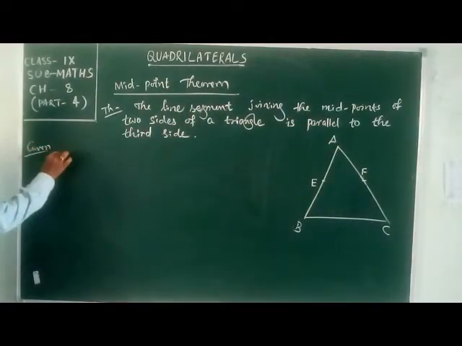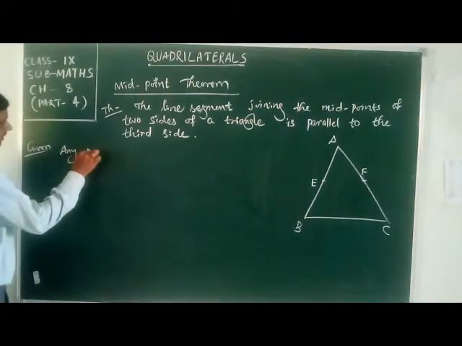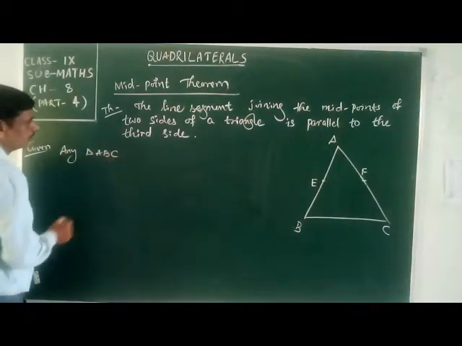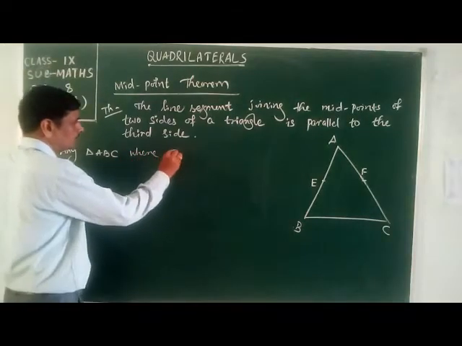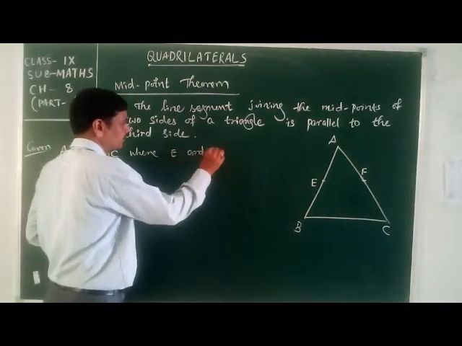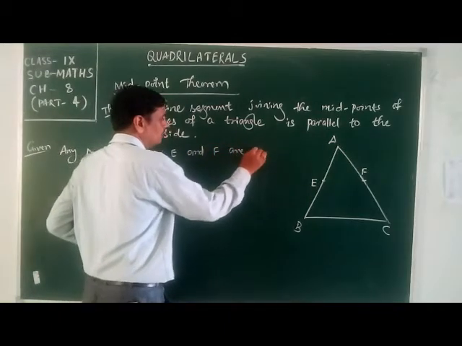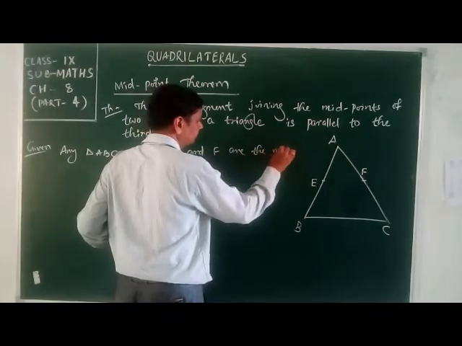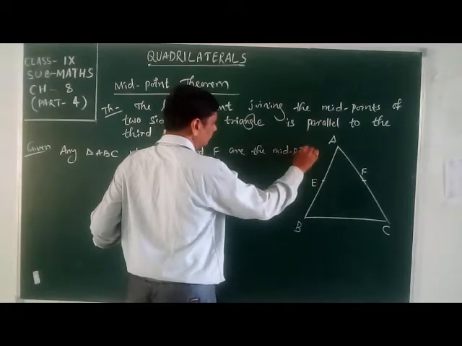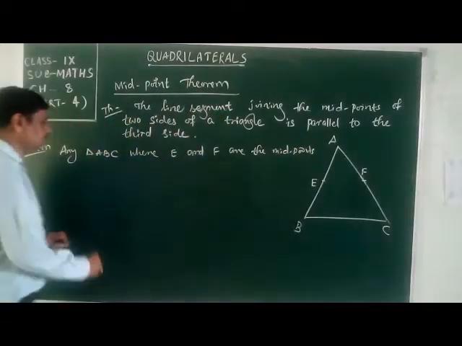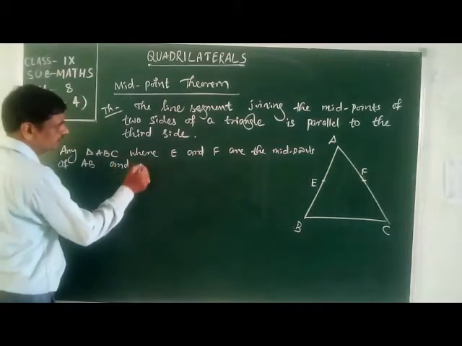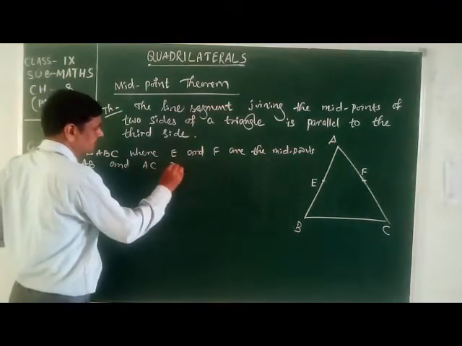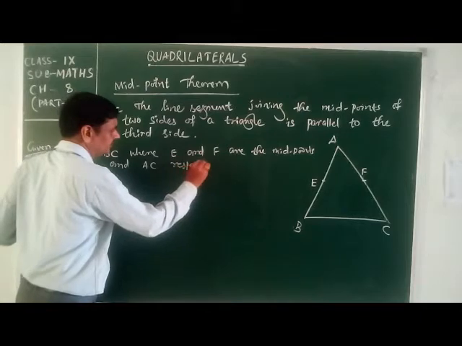It is given any triangle ABC where E and F are the midpoints of AB and AC respectively.